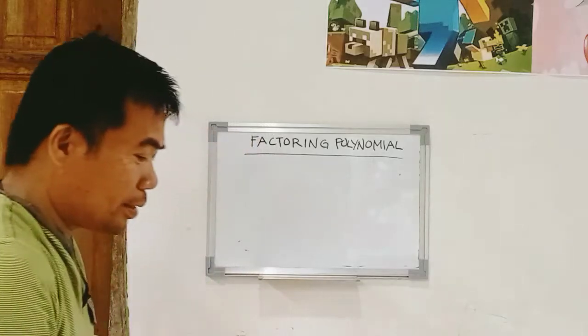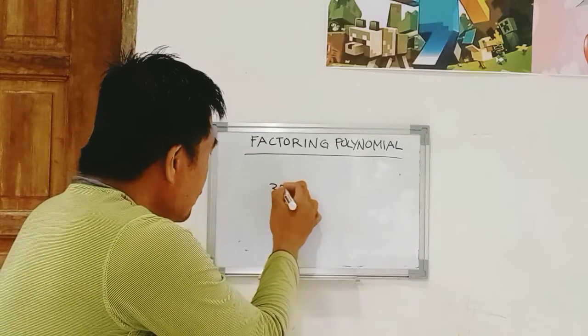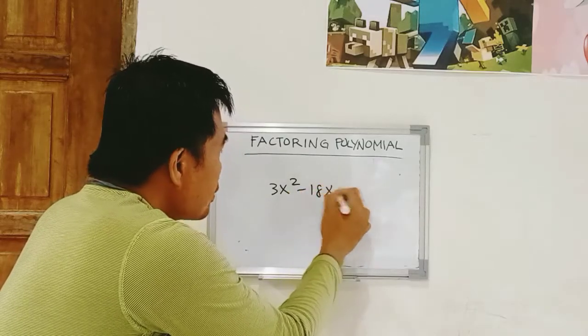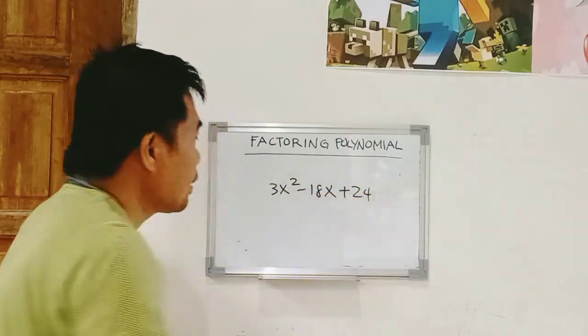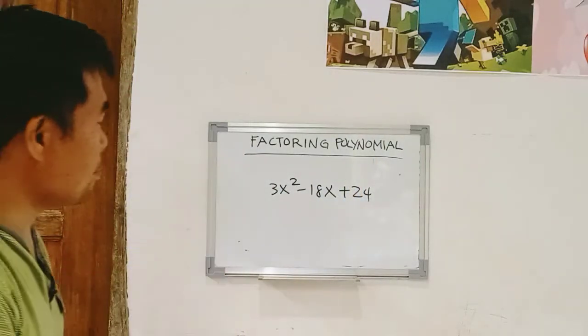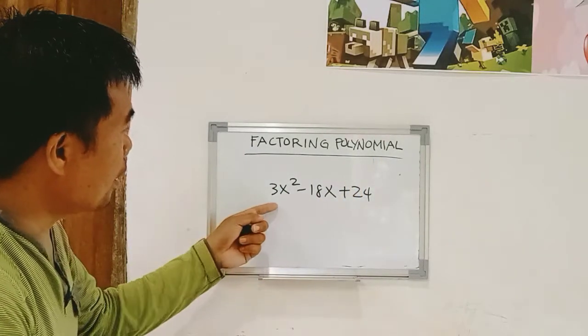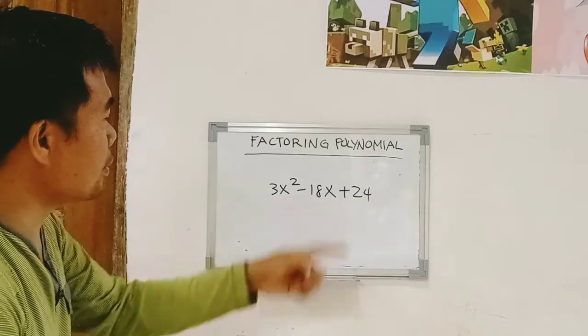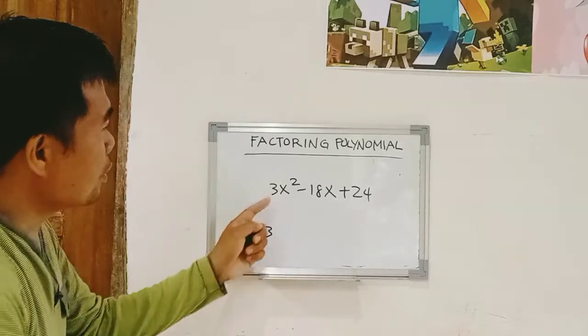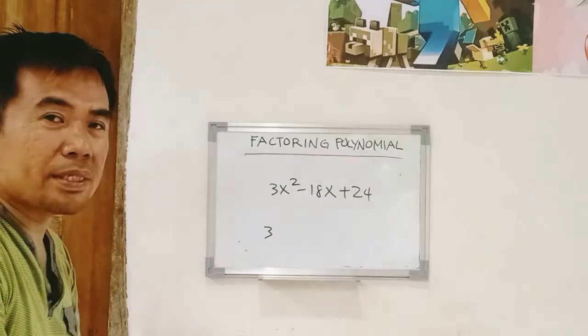So the next example is 3x squared minus 18x plus 24. Same as the previous example, these coefficients have a common factor of 3, since these numbers are divisible by 3.